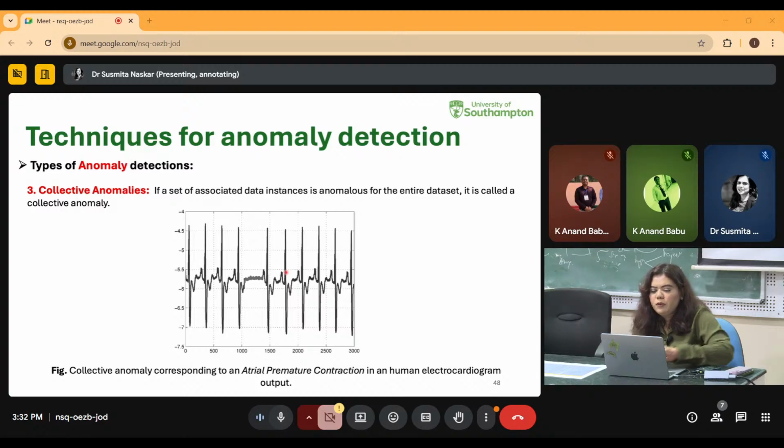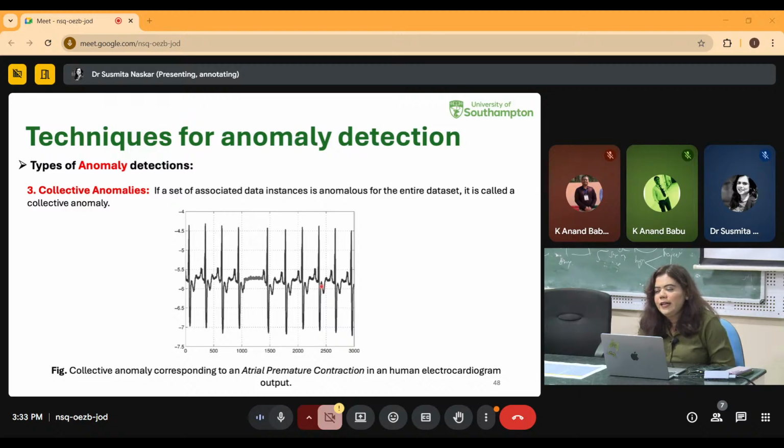If you look into this figure here, this is an example of ECG output, where a premature contraction actually happened. It shows how the heart rhythm is behaving. Collective anomalies are especially common, as I said, in time series data, network activity logs, and sensor outputs. That's very important when patterns matter more than a single reading.